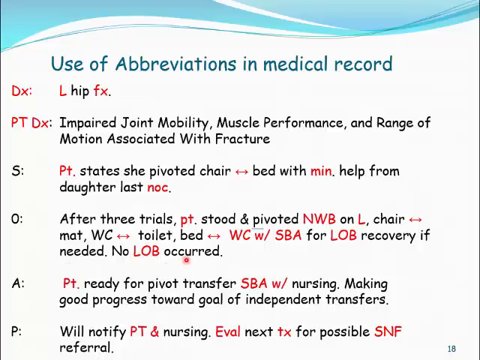No loss of balance occurred. In the assessment portion, we see that the patient is ready for pivot transfer with a standby assist from nursing. And in the plan, we see that we will notify the physical therapist and nursing, and we'll evaluate the next treatment session for a possible skilled nursing facility referral.